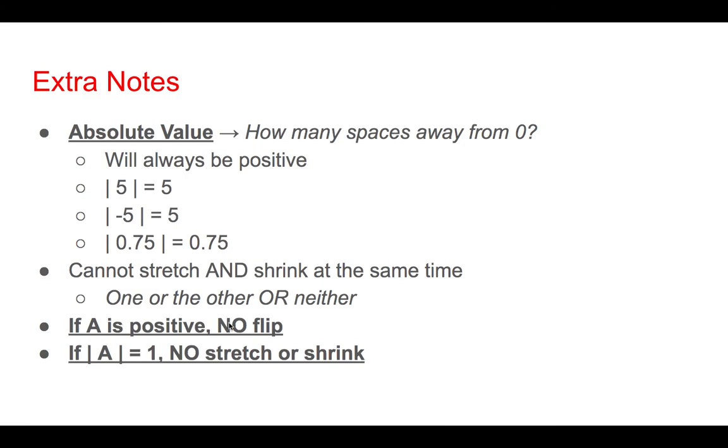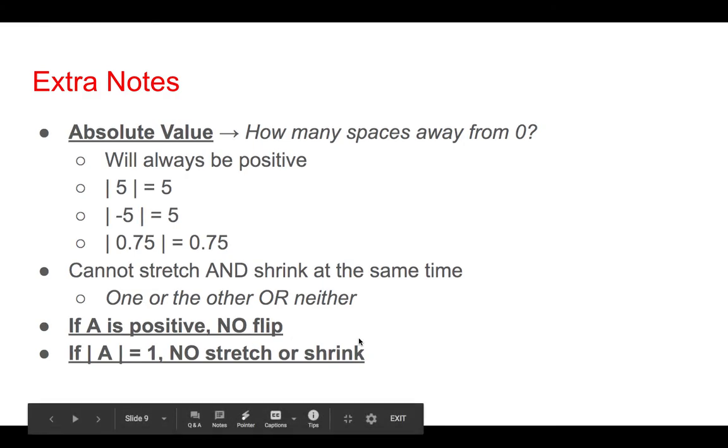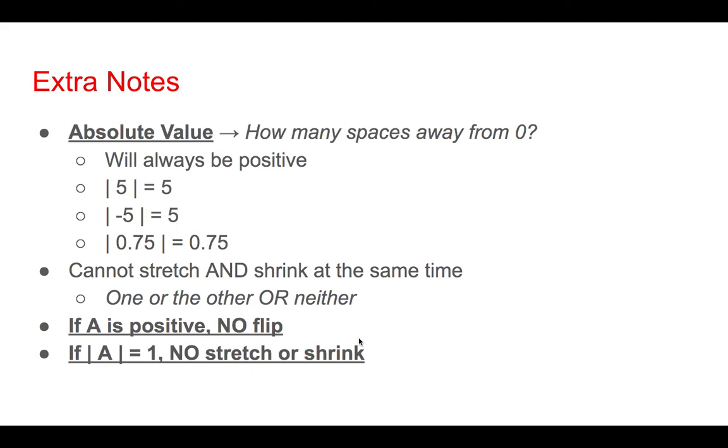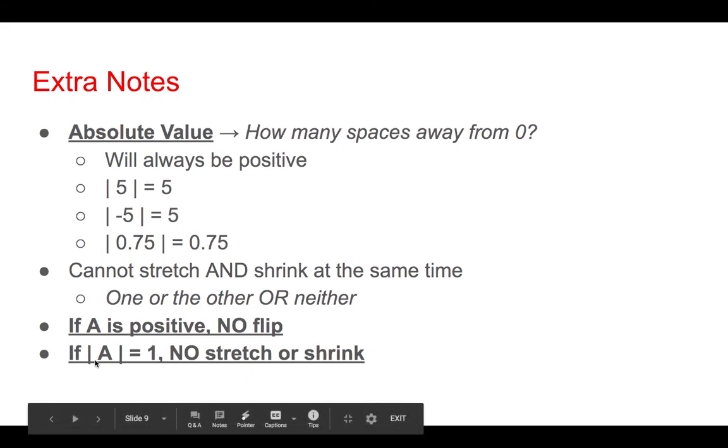For example, if A is positive, you have no flip. If it's not negative, you're not going to flip, so having no flip is perfectly fine. And if the absolute value of A is equal to 1, so it's not bigger than 1 and it's not smaller than 1, then we have no stretch or shrink at all, which is perfectly fine.